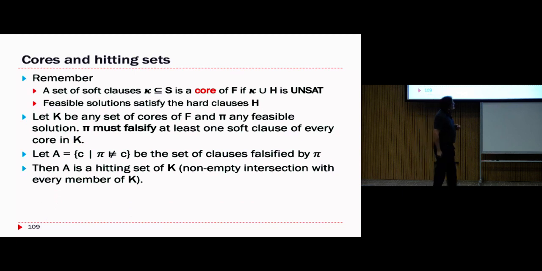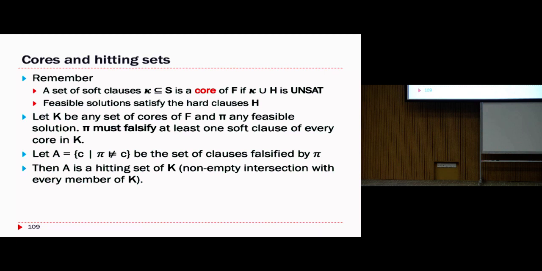And what we do know is that any truth assignment that satisfies the hards, the set of soft clauses it falsifies, forms a hitting set over all the cores. It contains something from every core, just trivially, because you can't satisfy all the soft clauses of a core. Okay? And so that means if I take a look at the cost of this truth assignment, which is the sum of the costs of the soft clauses it falsifies, it must be at least as large as the minimum cost hitting set.